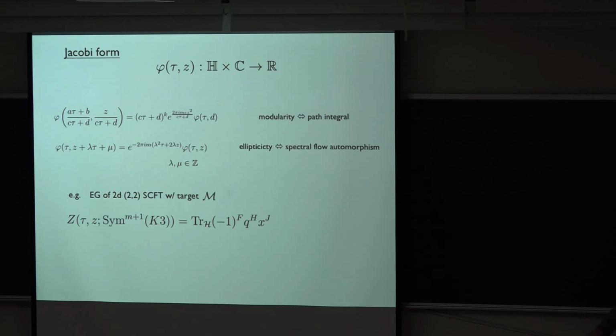The example is the elliptic genus, the two-dimensional N=(2,2) sigma model with target space M. So the definition of this function is given by this form. And as we can actually show, this is known as the elliptic genus in mathematics. So this is the ring-valued topological invariant of the elliptic generalized cohomology theory.